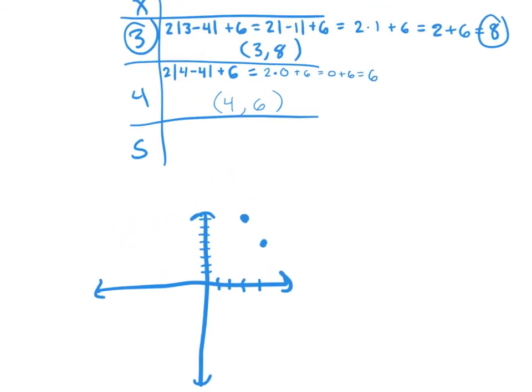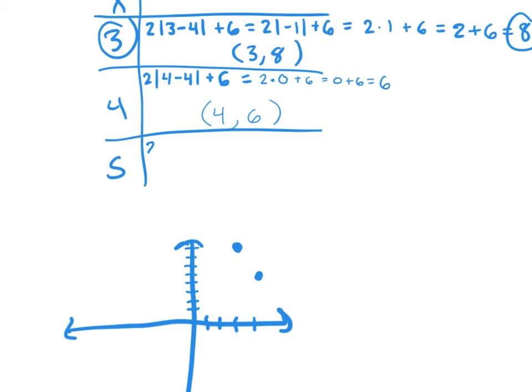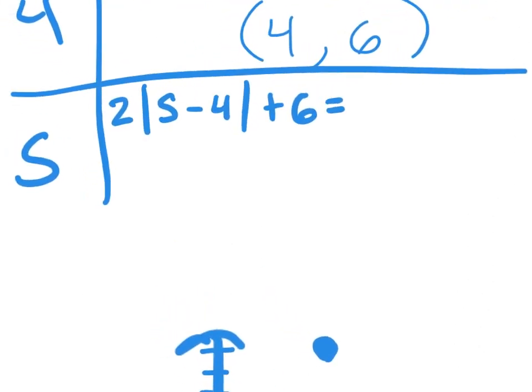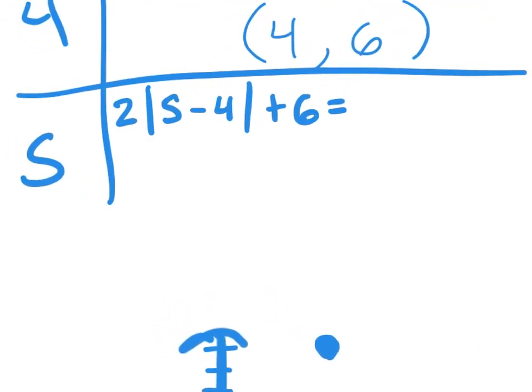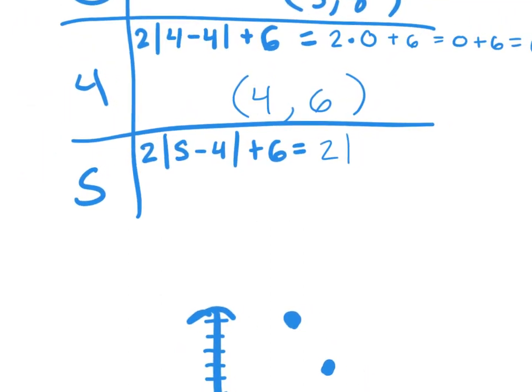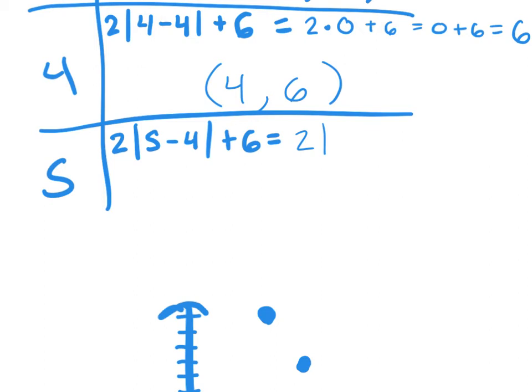Now we can plug in 5. So we have 2 times the absolute value of 5 minus 4 plus 6. What do we do first here to solve? Subtract. So this is 2 times the absolute value. What's 5 minus 4? 1. And what's 2 times the absolute value of 1? 2.